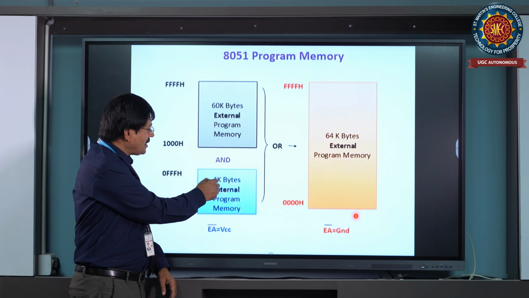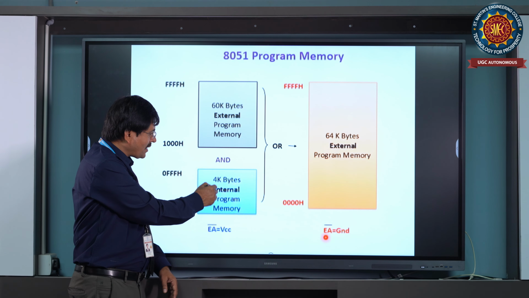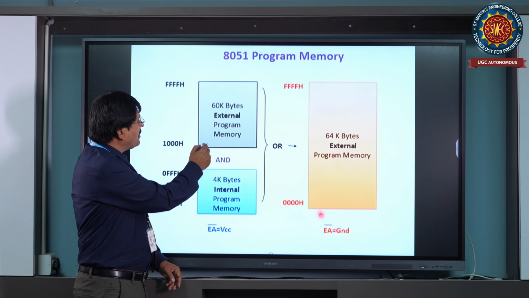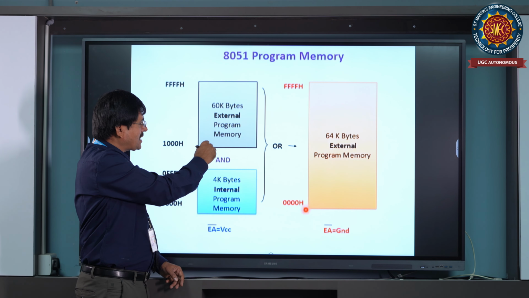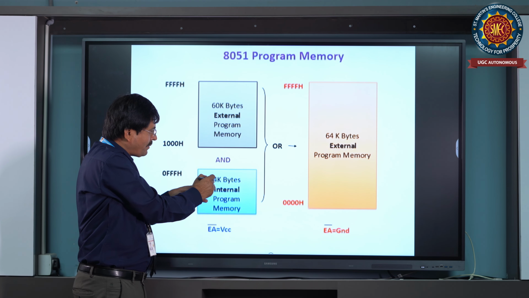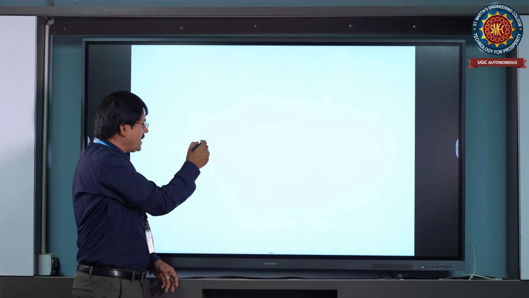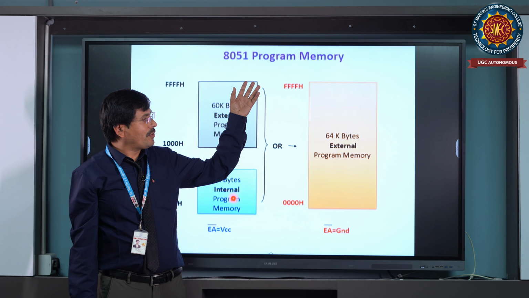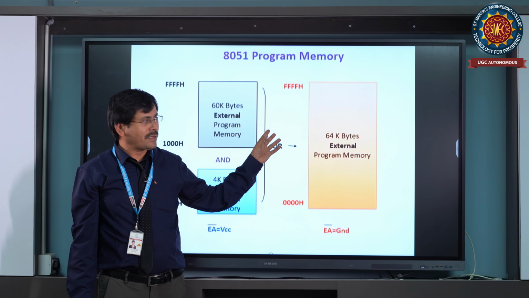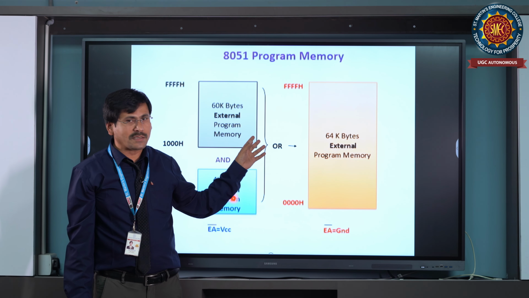Okay, this is the start and end address of the on-chip memory. And if we want to expand another 60 kilobytes of memory, we already have 4 kilobytes of on-chip memory, plus that. Okay, so we have discussed the programming memory organization of the 8051. These are the topics we have discussed. Thank you.